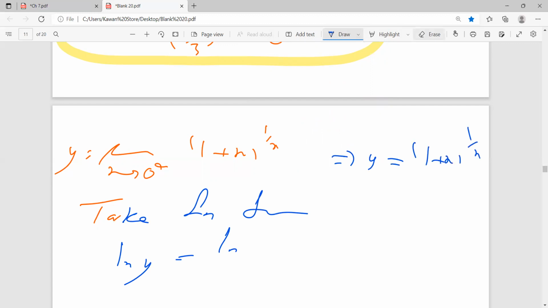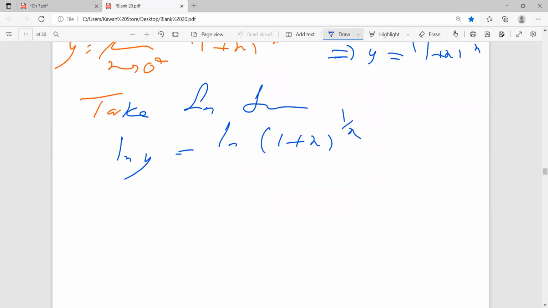So I say ln of y is equal to ln of (1 plus x) to the power 1 over x. Step by step. Please pay attention step by step. If you didn't understand any step, please stop me, okay? Just let me know.